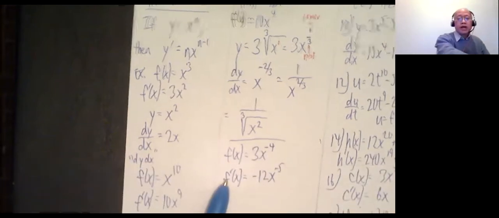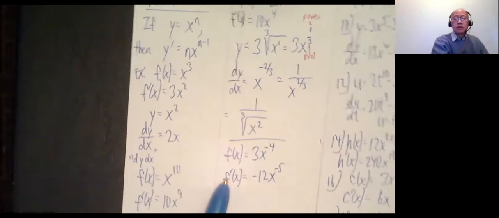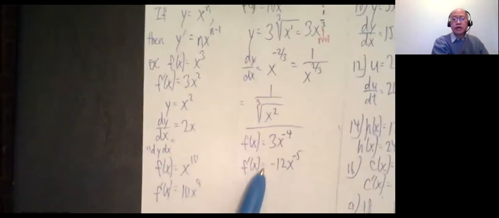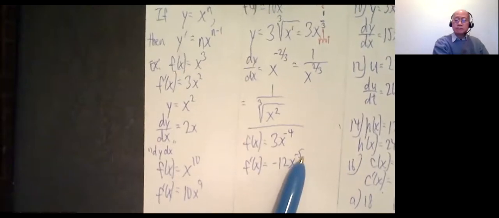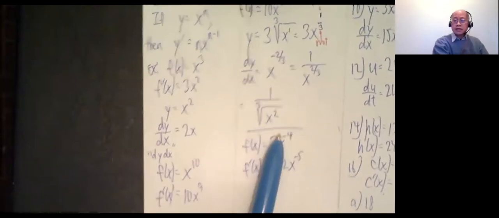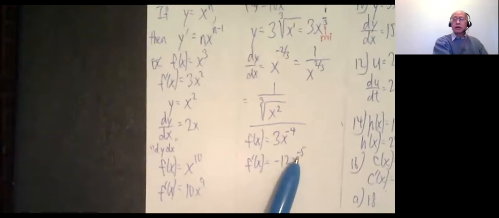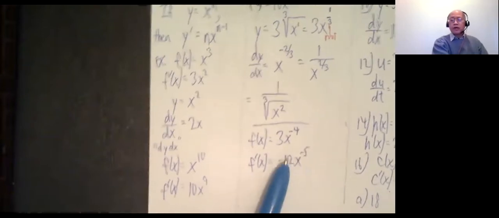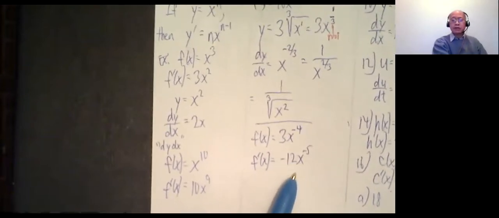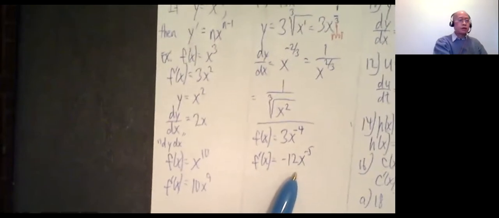Therefore, when I want f prime of x here, I just go 3 times negative 4 is negative 12, x to the negative 5, and you may stop. Because the problem starts with a negative exponent, I can leave it with a negative exponent. Now, if you want to keep going and put that in a denominator, though, I'll let you. So if you go negative 12 over x to the 5, that's still going to be okay.